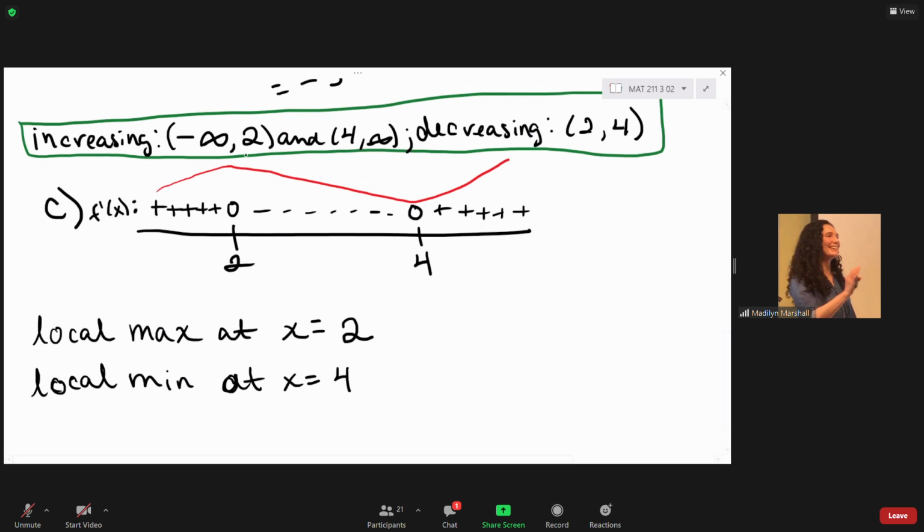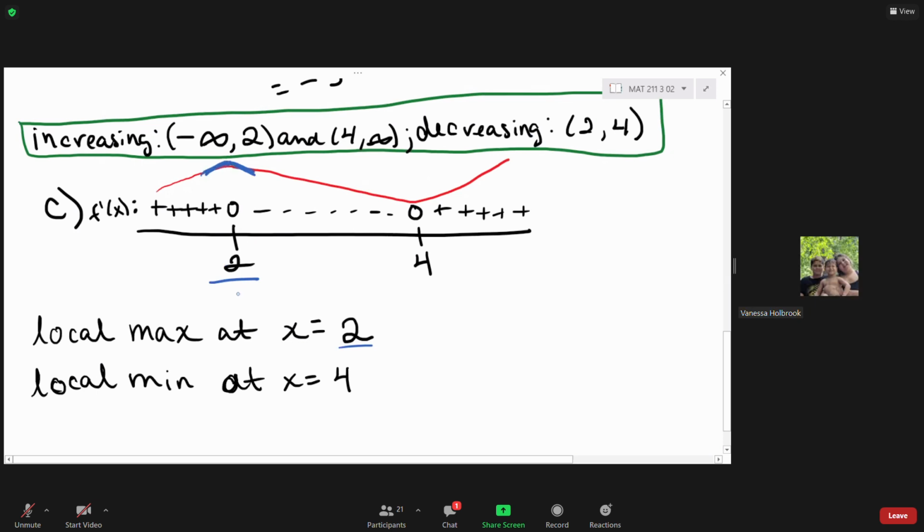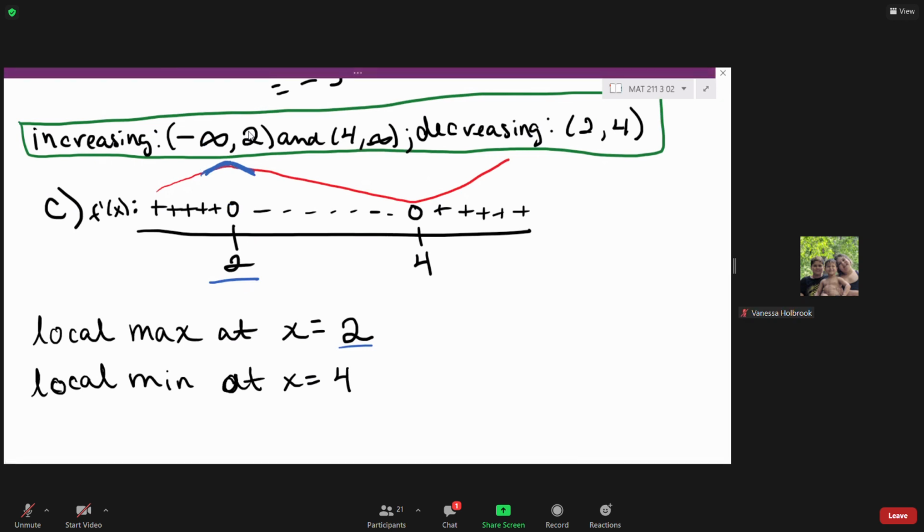The negative infinity to 2 is one of our increasing intervals, but it doesn't actually matter where the interval starts. What matters is that right at 2, it's changing from going up to going down. So we have a peak there, and it's not actually sharp. Okay, that makes sense.